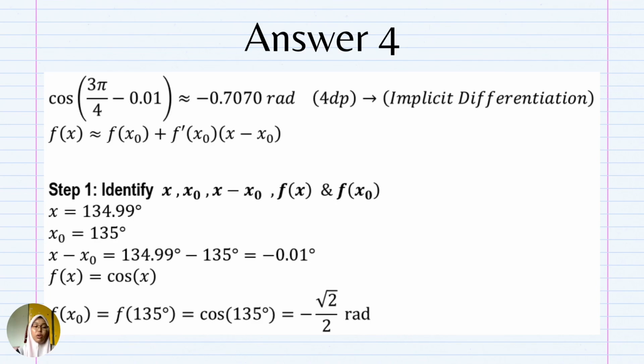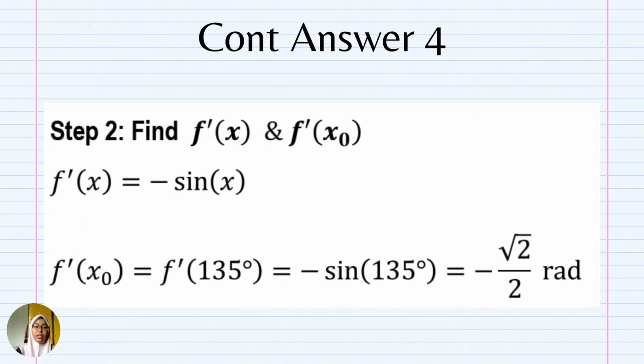Okay. First of all, we have to identify the given value, chosen value, change of x, and the function f(x) equal cosine x, to substitute the value inside the formula. And then for the second step, we have to find the derivative of our function, which is f prime x as well as f prime x naught.